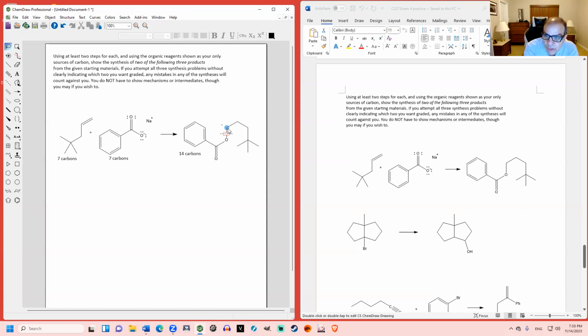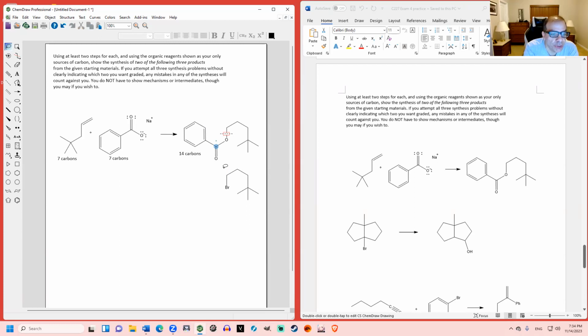Well, in chapter 11, we learned that you can do that by an SN2 reaction. And so, if we can somehow get, for example, this bromide, then if you treat this bromide with this benzoate ion, you will get the product.